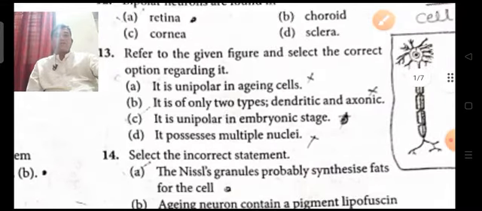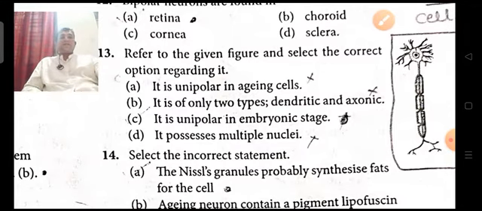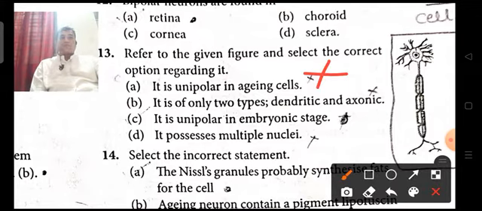Coming on to the 13th question, you are seeing the diagrammatic representation of a neuron. So this is a multipolar neuron, and it is unipolar in aging cells. So the correct option, it is multipolar, so option A is wrong.